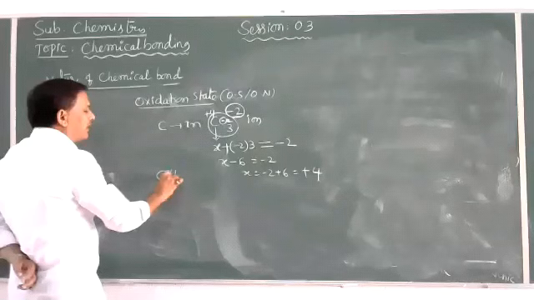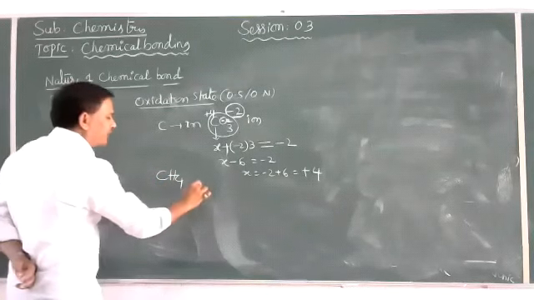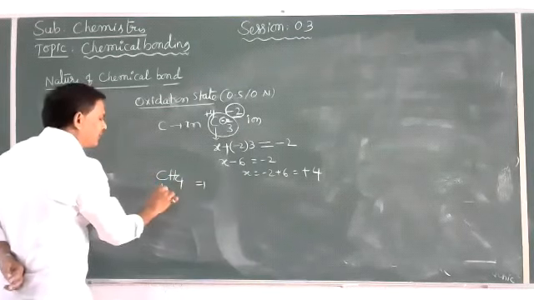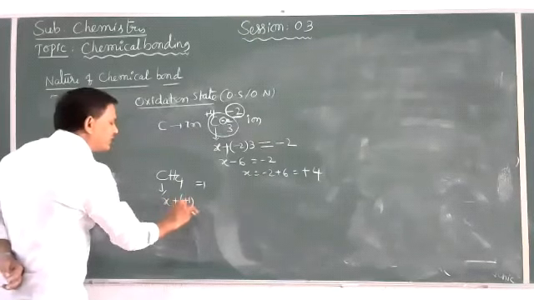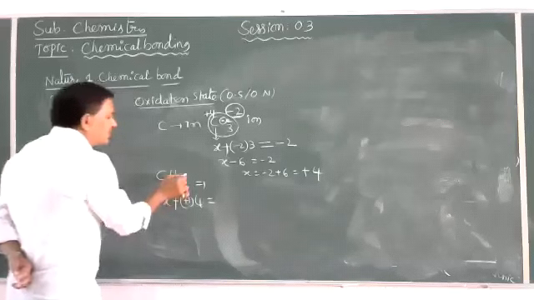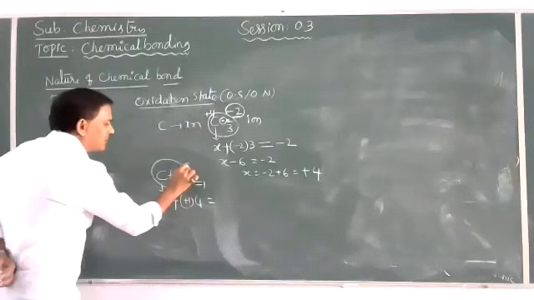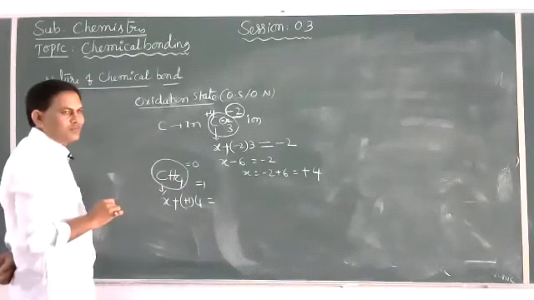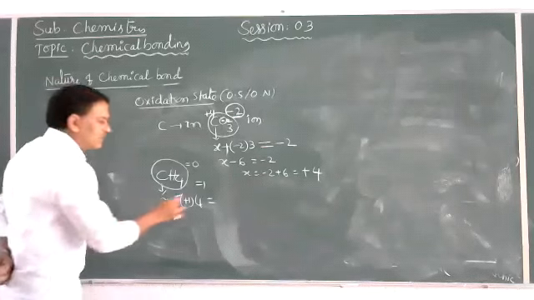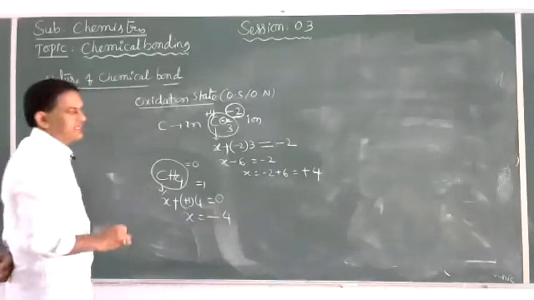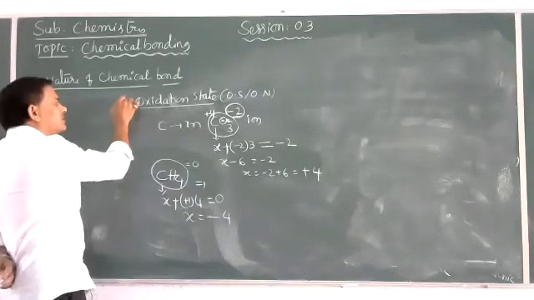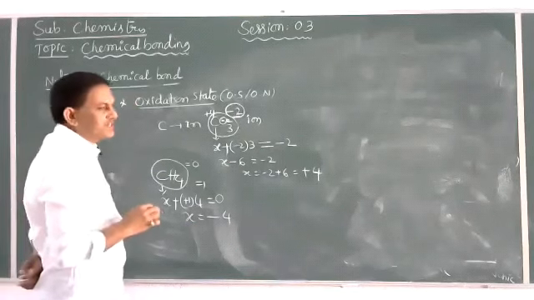For example, in CH4, what is the oxidation state? Carbon we don't know, that's why let us consider x. Hydrogen is plus 1 into 4, equal to the charge, which is not there, so it is equal to 0. Neutral molecule, it is equal to 0. x is equal to minus 4 oxidation state. So this is the story about oxidation state.